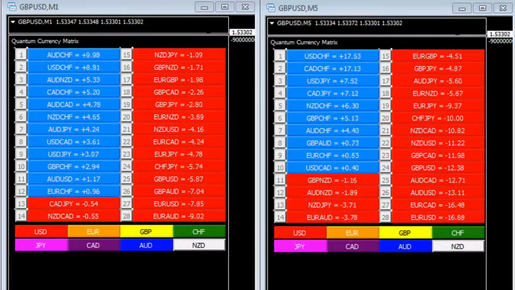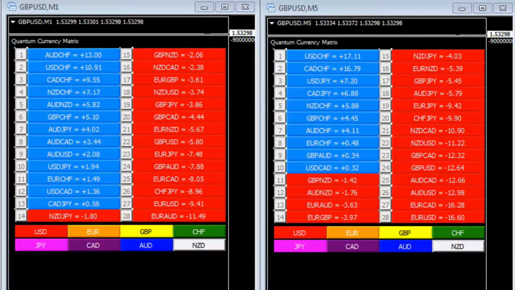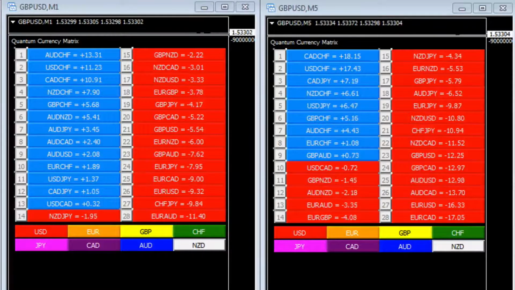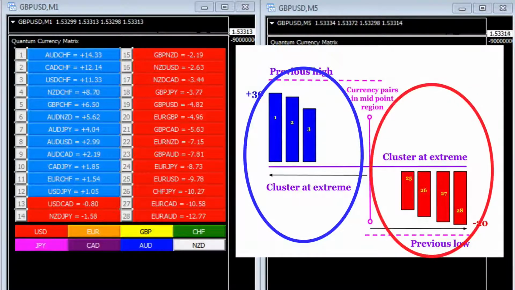If a currency pair at an extreme is not validated in this way, then this may be an isolated pair lacking broad market sentiment and therefore a higher risk proposition. In other words, clusters of currency pairs at the extremes show universal strength or weakness, and we can then consider the charts for potential reversal opportunities in due course.